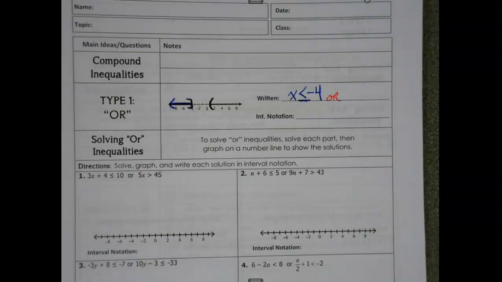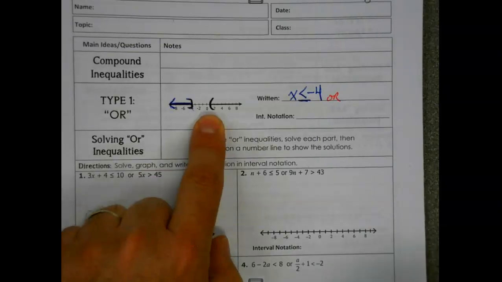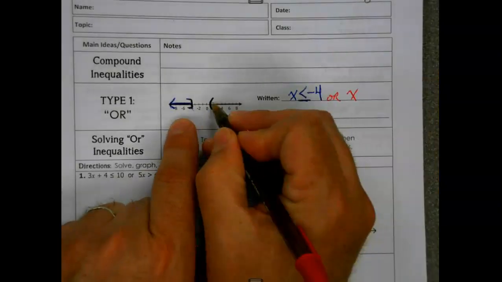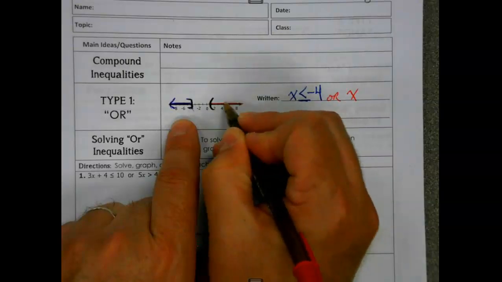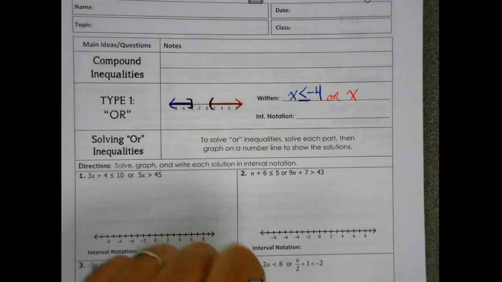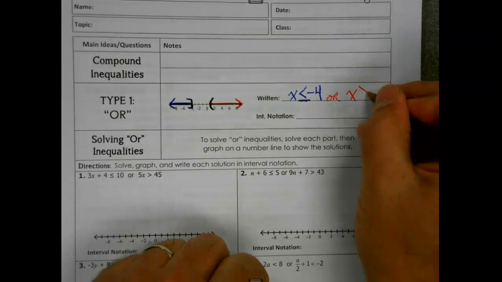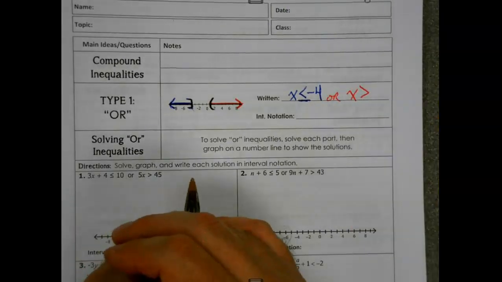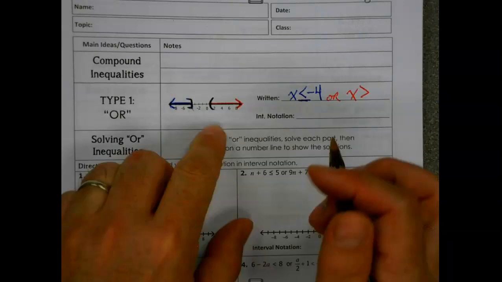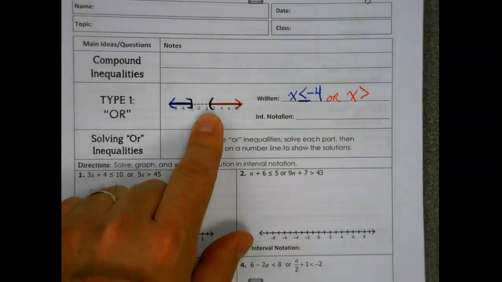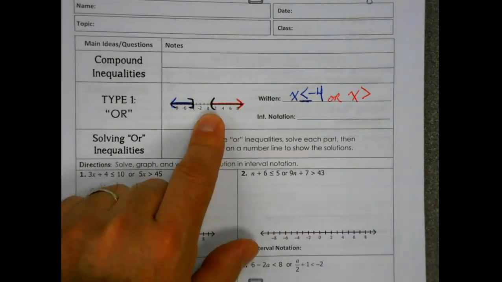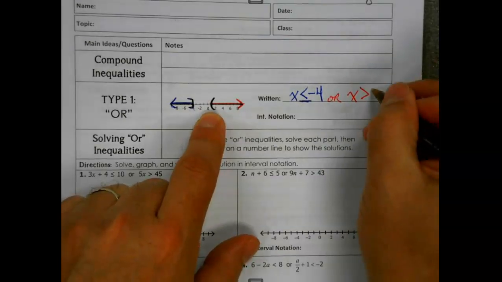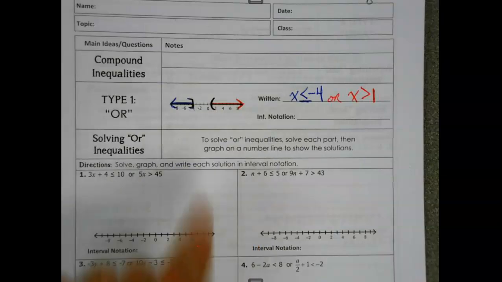Or, because there's another part, I look here and my parenthesis is opening to the right. Follow the arrow, x is greater than, not or equal to this time. X is greater than 1.